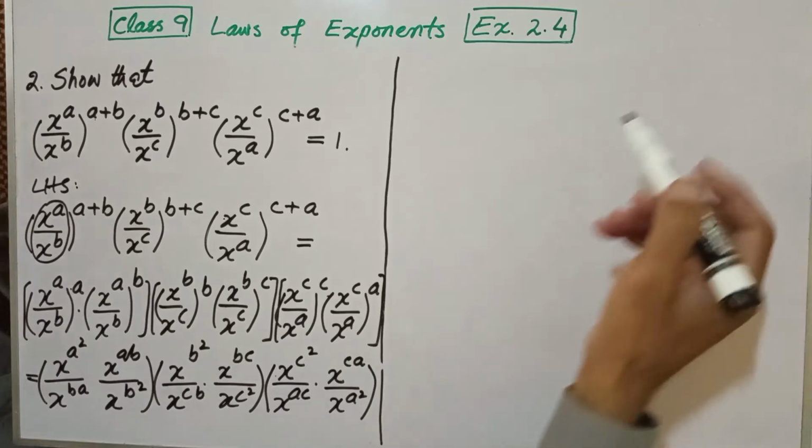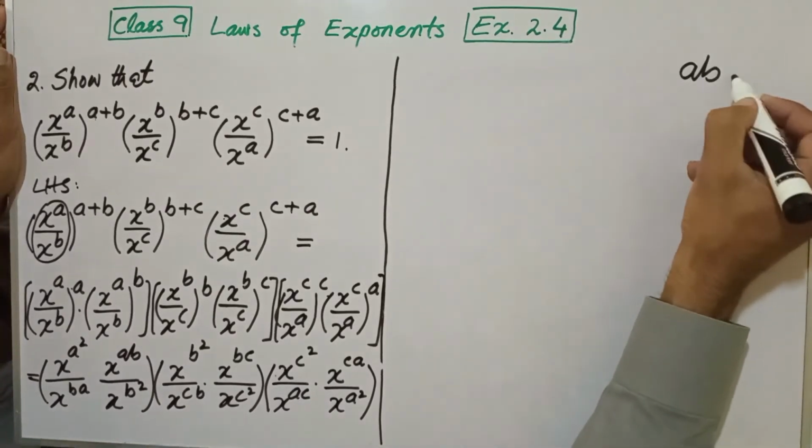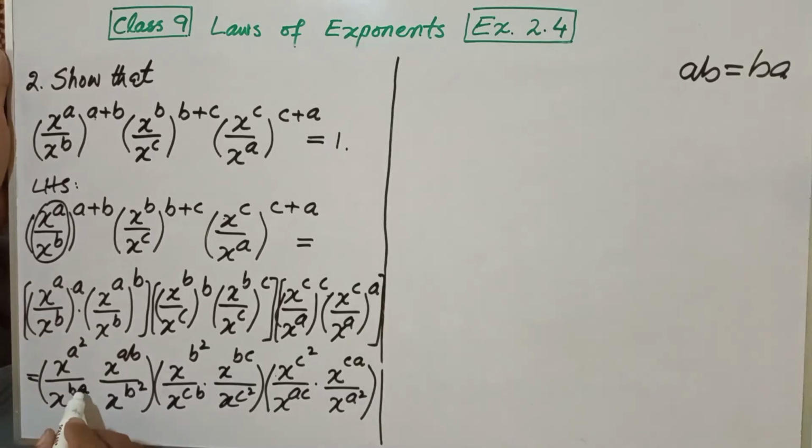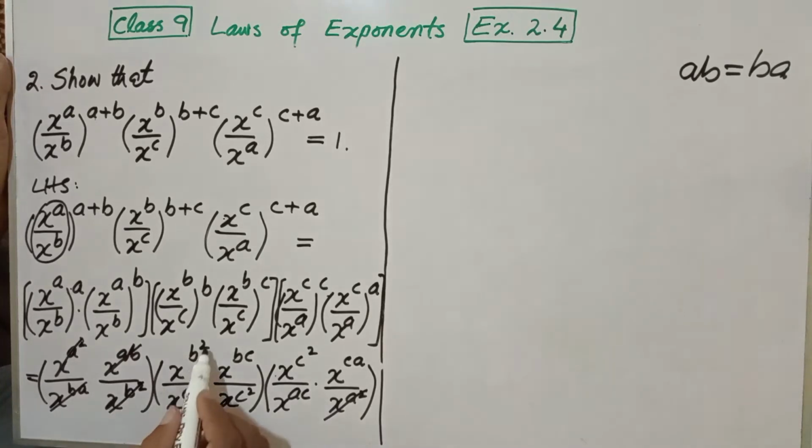We know that ab is equal to ba, so x power ba is cancelled with x power ab, and similarly x power a square is cancelled with x power a square, x power b square is cancelled with x power b square.